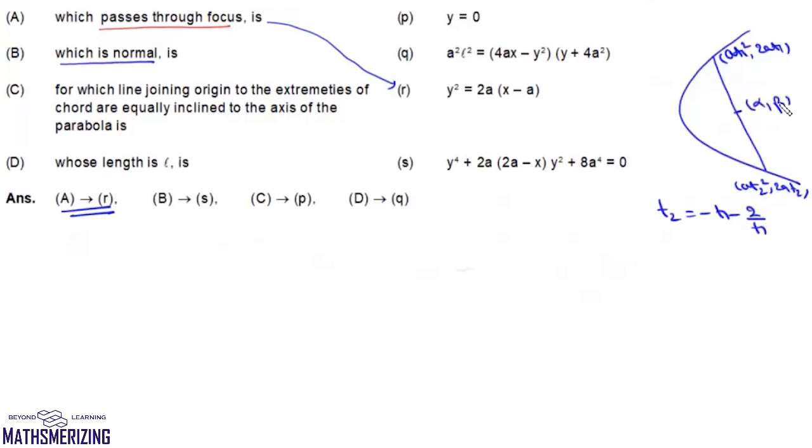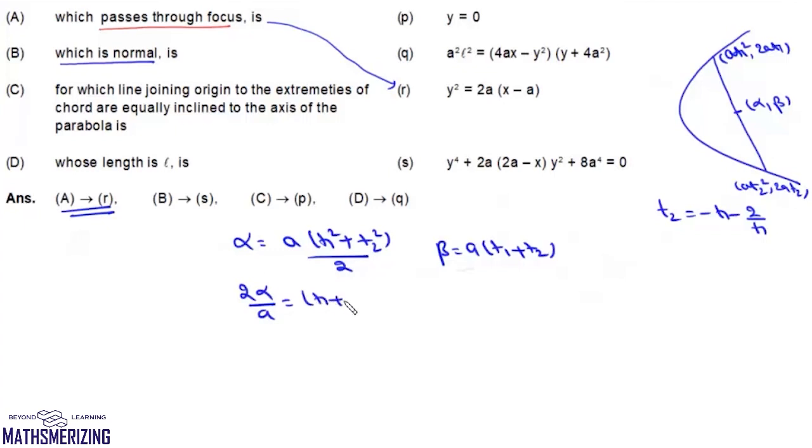Say it is (alpha, beta). So we can write alpha as a times (t1 square plus t2 square) upon 2, and we can write beta as a times (t1 plus t2). So we can write this as 2 alpha upon a, and we'll add 2 t1 t2. So it will be (t1 plus t2) whole square minus 2 t1 t2.